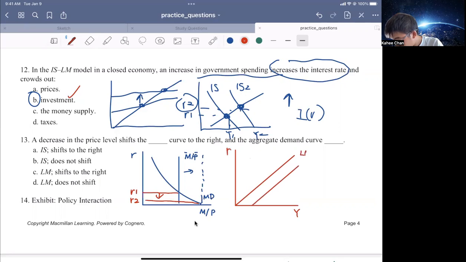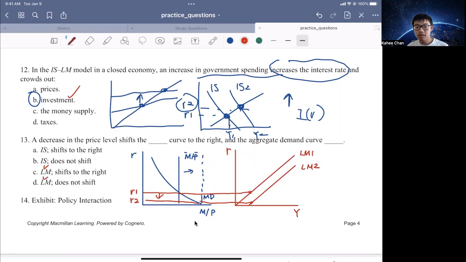So this was LM1, this was LM2, right? Going down. It's kind of ugly, but you know, like the general idea. So right now, when there's a decrease in price level, it makes the LM curve go downward. So C and D can be the possible answers.